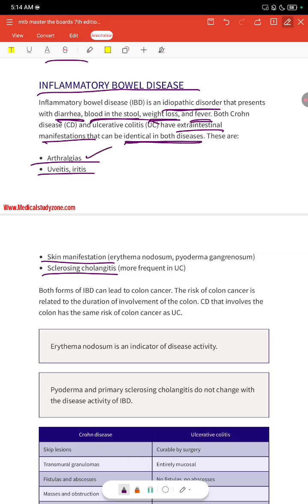These are arthralgias, pain in joints, uveitis, iritis, involving the eyes, skin manifestations, that is erythema nodosum and pyoderma gangrenosum, sclerosing cholangitis, that is more frequent in ulcerative colitis.